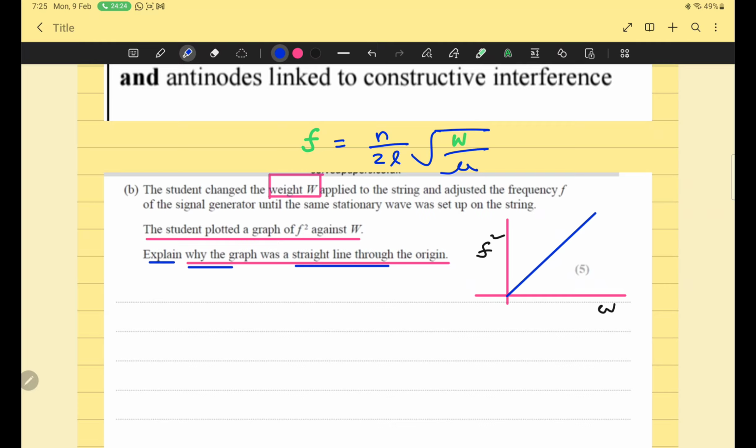So I have to show by explanation that f square and w are directly proportional. If I show the relation between the two physical quantities is directly proportional, then it is justified that the graph between f square and w will be a straight line passing through the origin. So it is my plan. And now I am going to explain my plan.